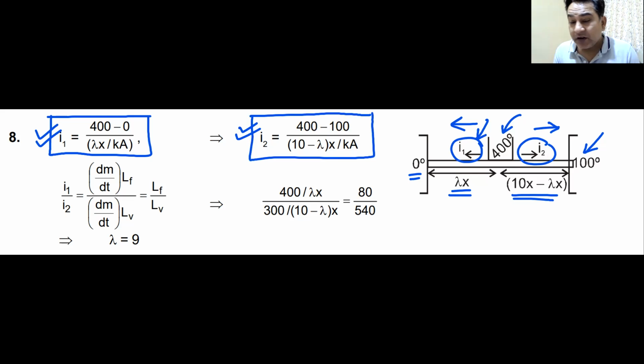Now, what are I1 and I2 doing? They are evaporating water at one end and melting ice at the other end.